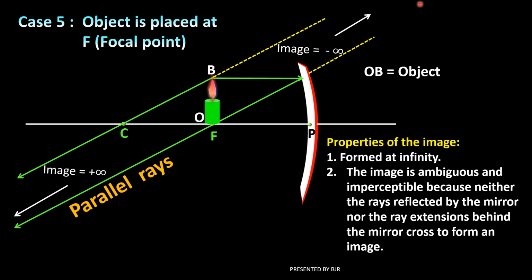This side it will be the virtual image, and this side it will be the real image. Okay, remember, real images are always formed on the same side of the object. That is the rule. If the image is forming on the same side of the object, you think that that is the real image only.